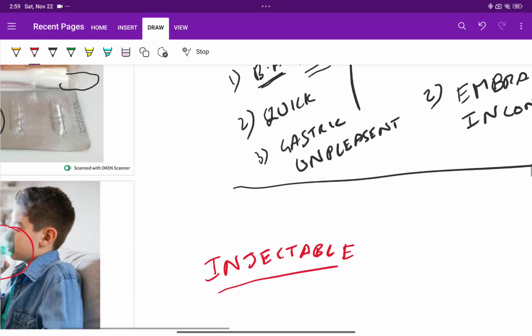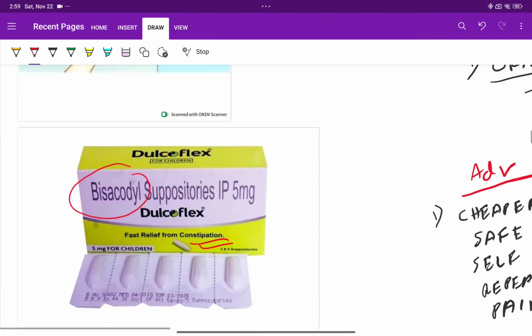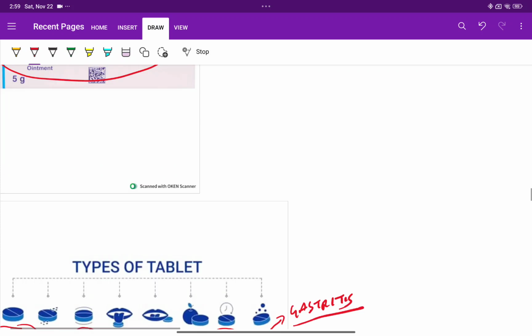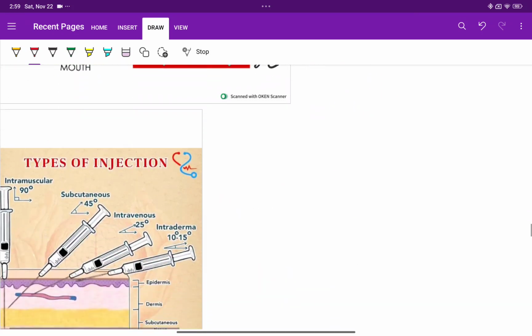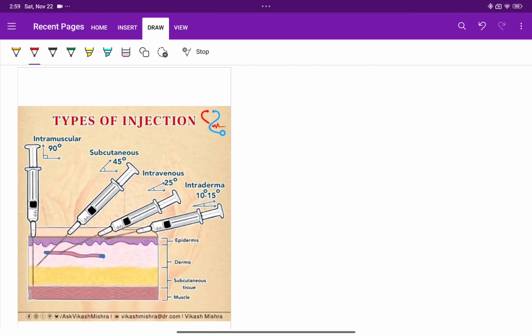See, before learning the injectable forms, I will show you a diagram which is showing different types of injection. See, this is the epidermis layer, this is the dermis layer, this is the subcutaneous, and this is the muscle layer. When we are giving intramuscular injection, we should go perpendicularly, that is 90 degree.